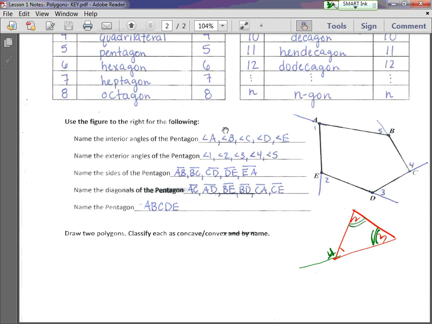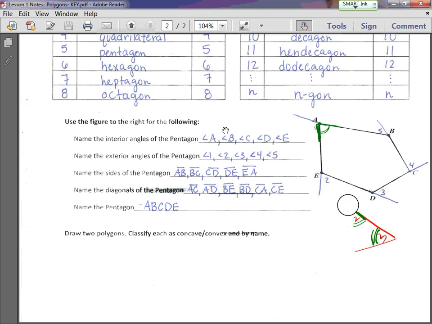But how are those interior when they're outside? Angles 1, 2, and 3 are interior. They're inside of your polygon. It looks like they're on the outside too. A labels the vertex. So when I say angle A, I'm talking about the sides that make up that angle with the vertex A. A, B, C, D, E are just labeling the vertices, but if this is C here, I can call this angle C because it's the only angle happening. Does that make sense? Okay, I see the confusion.